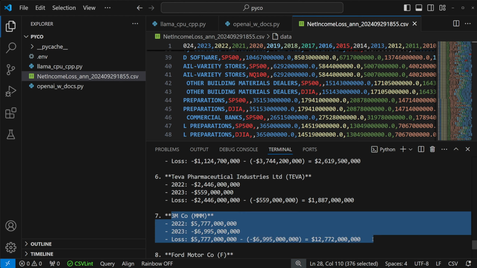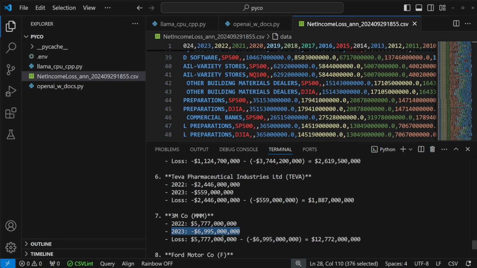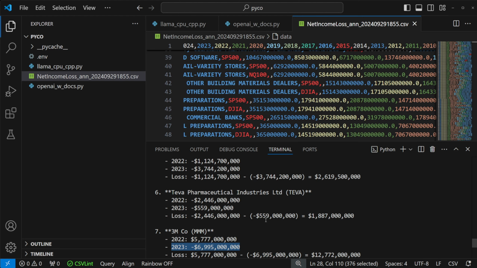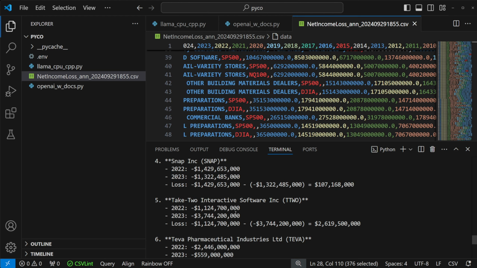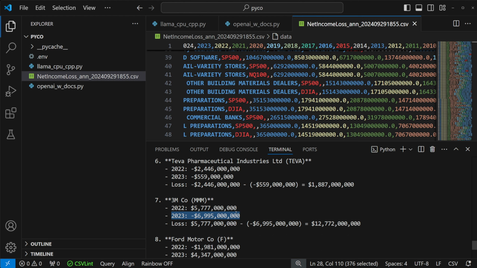Ooh, this was an interesting story, folks. 3M. If you're into stocks more than you are the GPT stuff, or if you're into both, check this out, because 3M is an interesting story. I think they had some lawsuits or something, and they reported losses, folks, and 3M is a juggernaut, so that smelled like an opportunity.